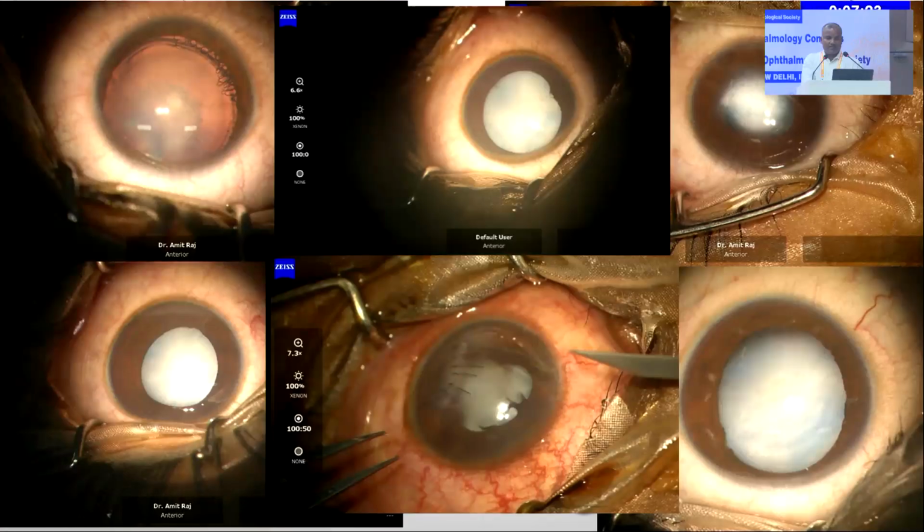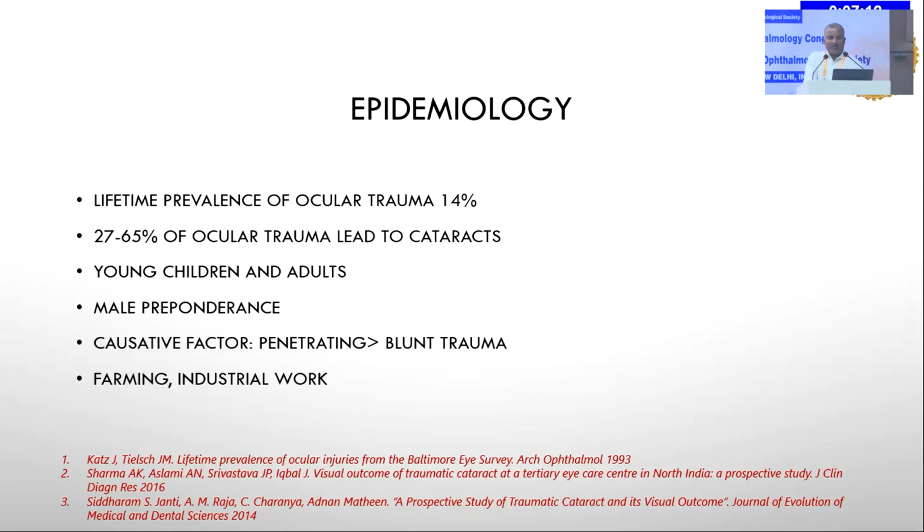So how to deal with it? There may be different types of presentation, maybe isolated cataract, maybe post perforation. In epidemiology, these mostly occur in males, and it is associated with both blunt and penetrating trauma.